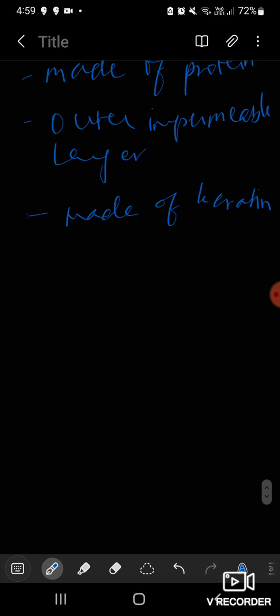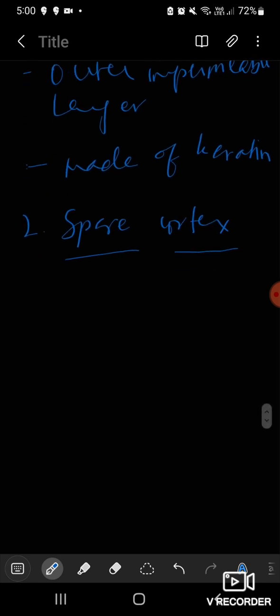So next we are learning about spore cortex. Spore cortex, it is the outer layer, outer covering, if we had to say it in better terms.